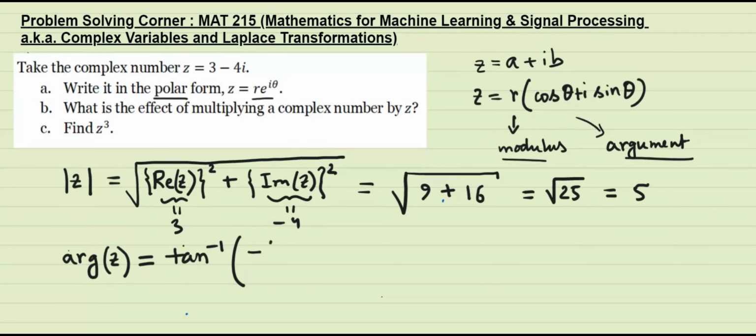In this case, this is negative 4, and downstairs x is 3. This is not a standard value for which tan inverse is known, but we can always use a calculator. My calculator tells me it is equal to negative 0.93 radian.